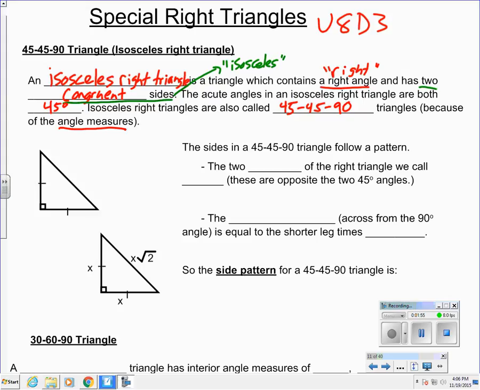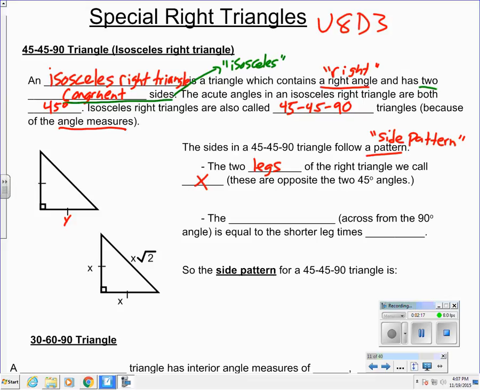So why these triangles are special is because they always follow a pattern. We call this the side pattern. The two legs of the triangle, we'll start by calling x to start our pattern.